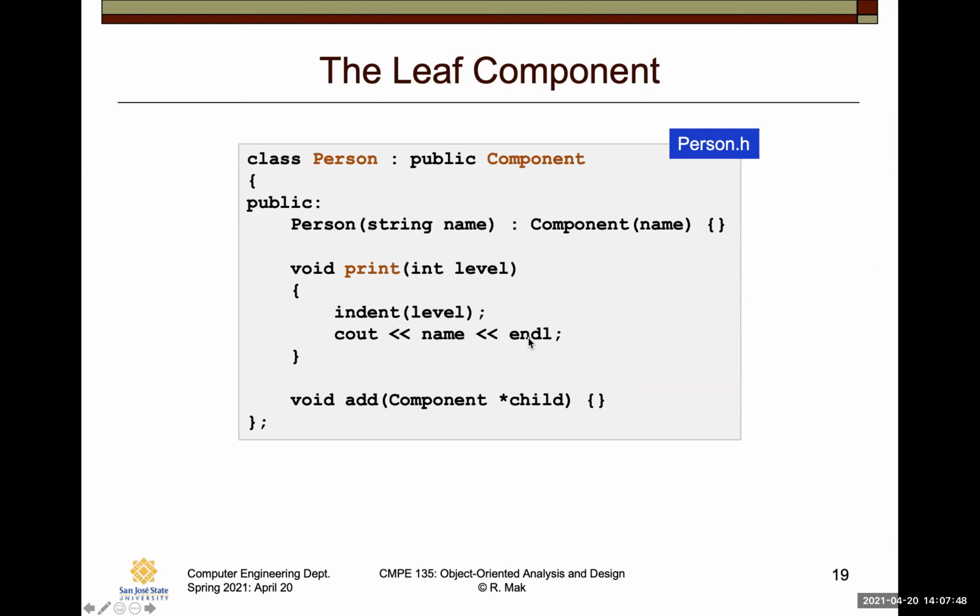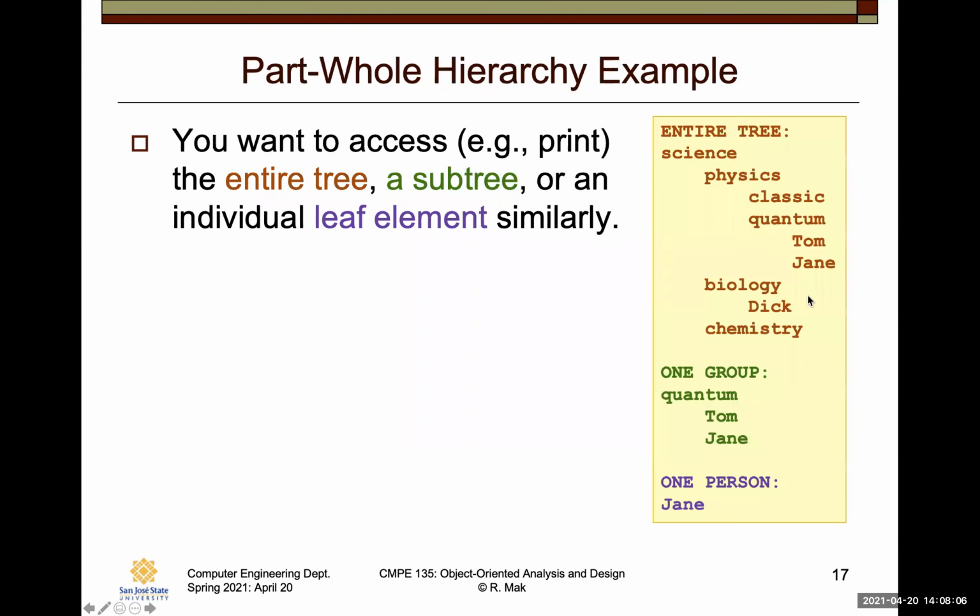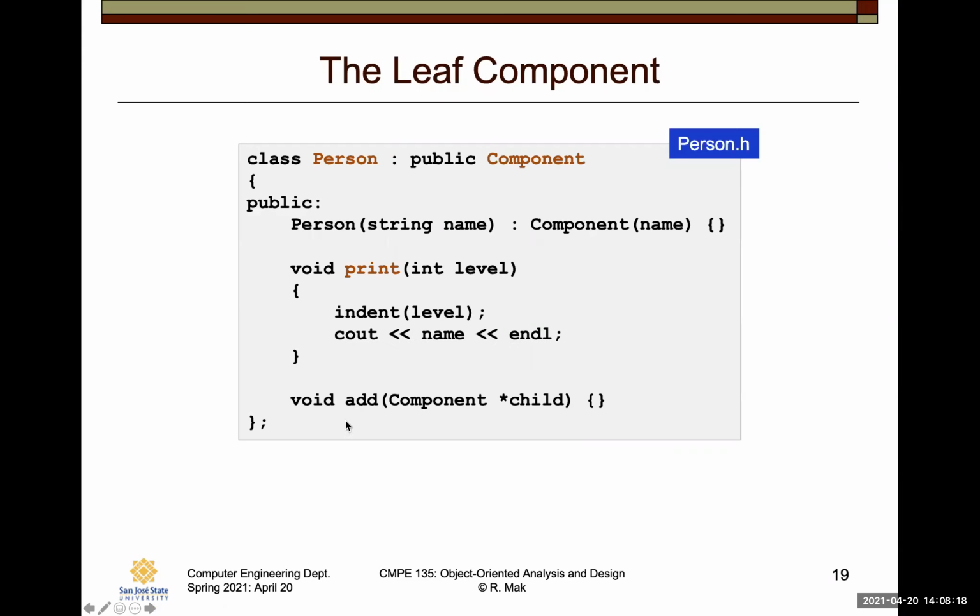As for adding, according to the way we designed the tree, it doesn't make sense for a person node to have children nodes, and so the add function basically doesn't do anything. If you look at our tree, the person nodes are designed to be the leaf nodes, and so we won't be able to add children to each of the person nodes. So add is basically a no-op here.